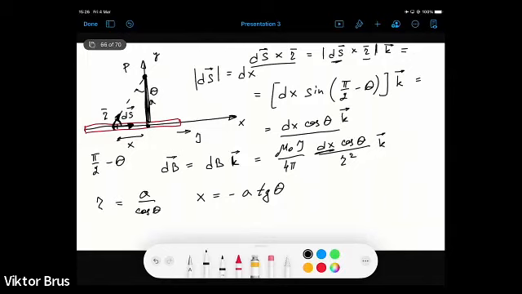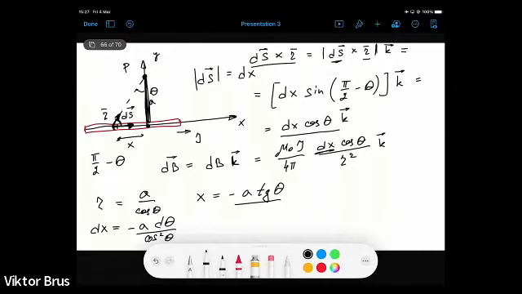For that, we need to take the differential of this expression, and dx will be equal to minus a d theta over cosine squared theta.